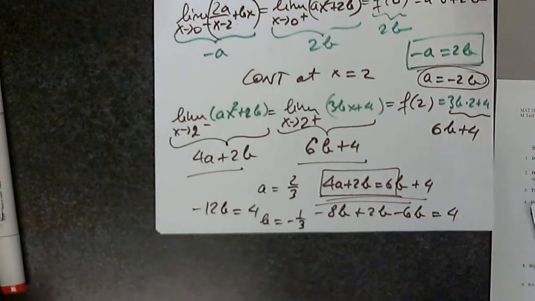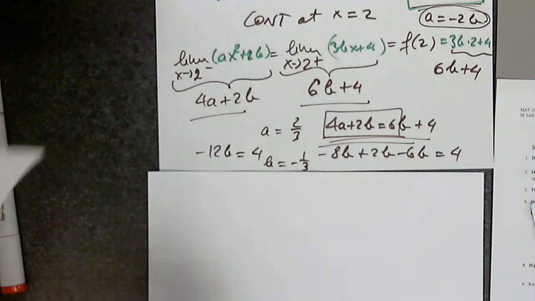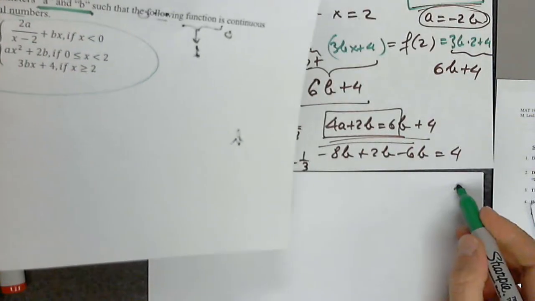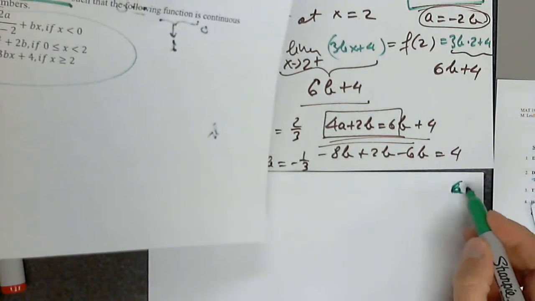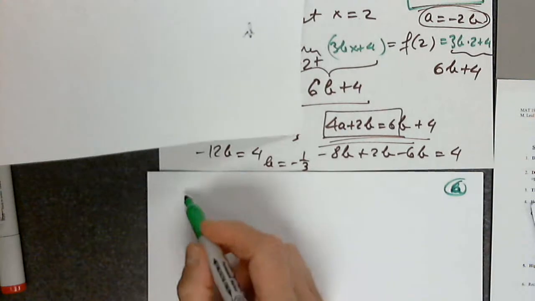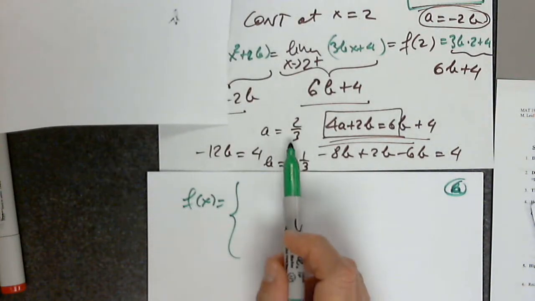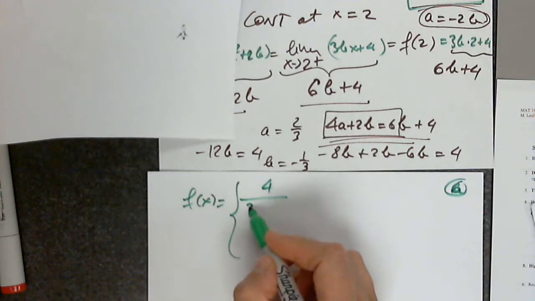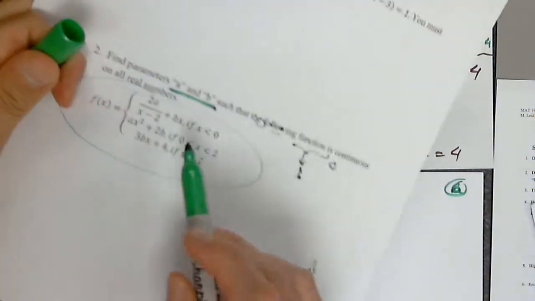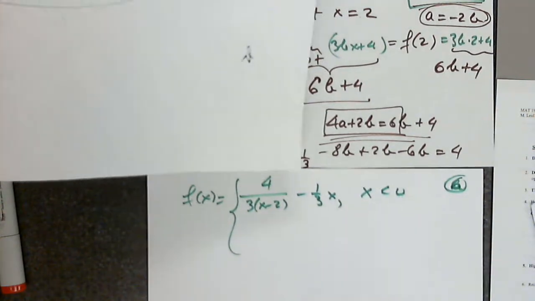So now I do have to go back and write the equation. I write the function from scratch. Okay, here's my equation from scratch in which I replace a and b. So I have to write f of x equals 2 times 2/3 over x minus 2 minus 1/3 x for x less than 0.